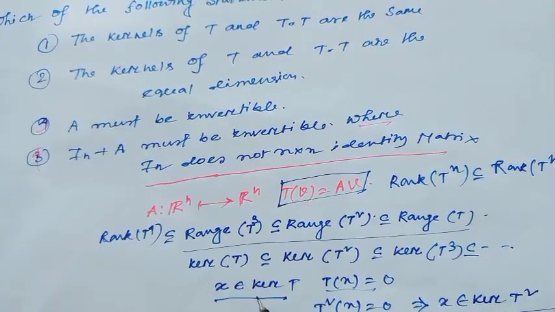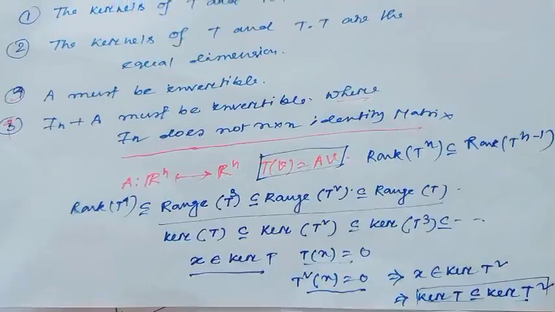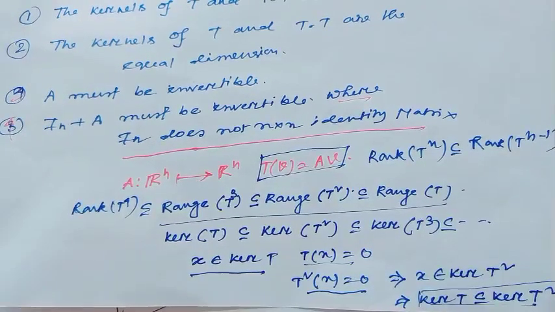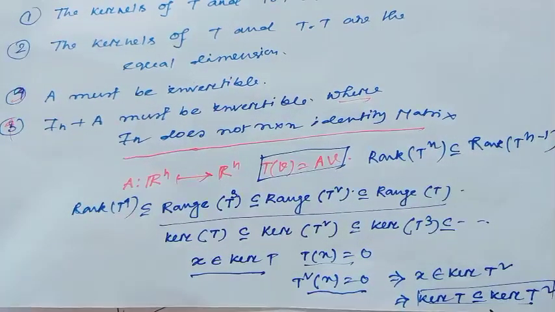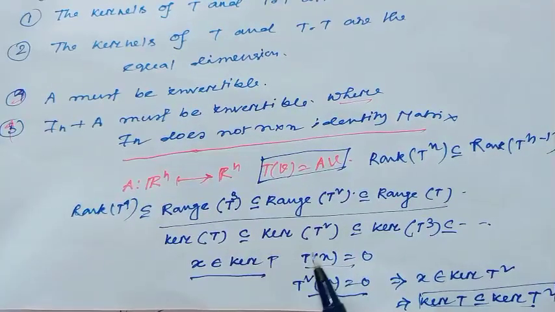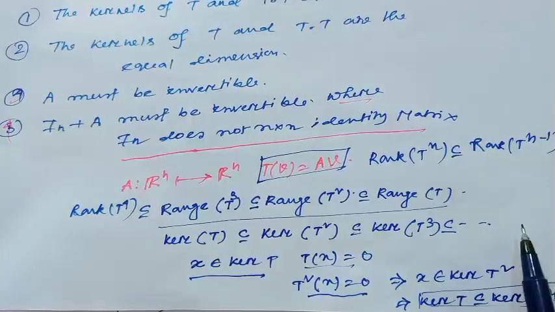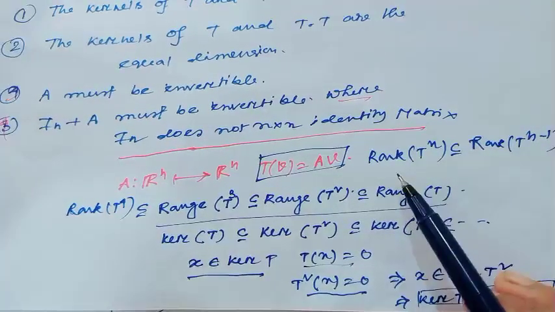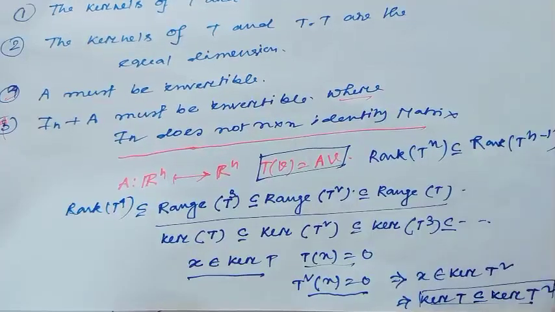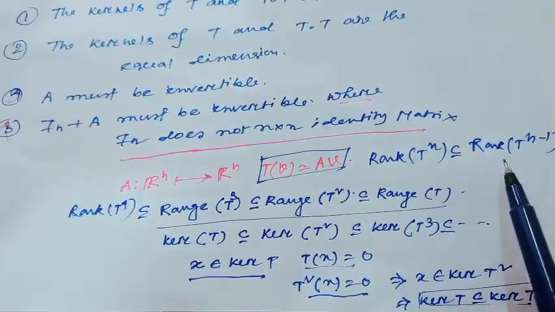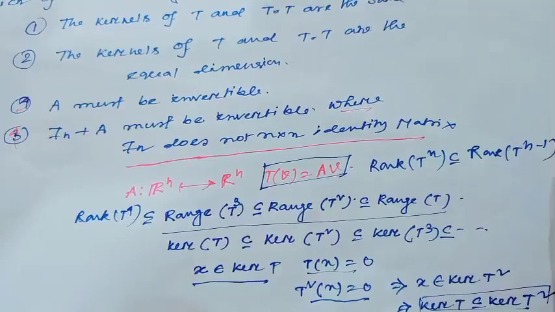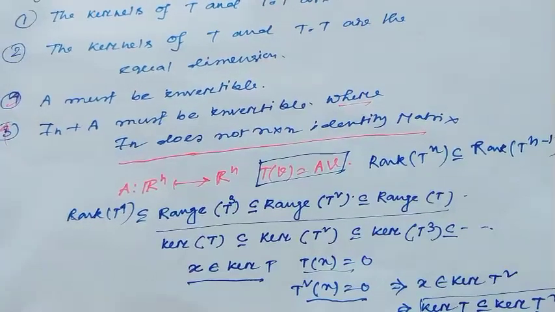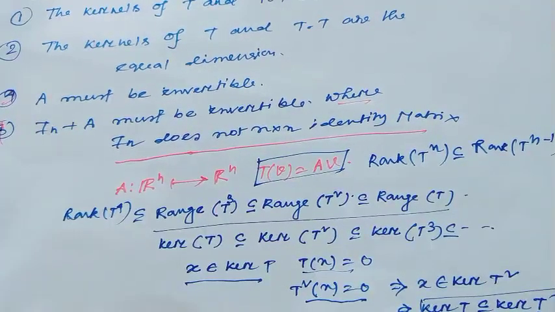So obviously kernel T contains kernel T square. Similarly, kernel T square contains kernel T cube, and so on. I hope my viewers know this part because I have discussed it in my previous video.